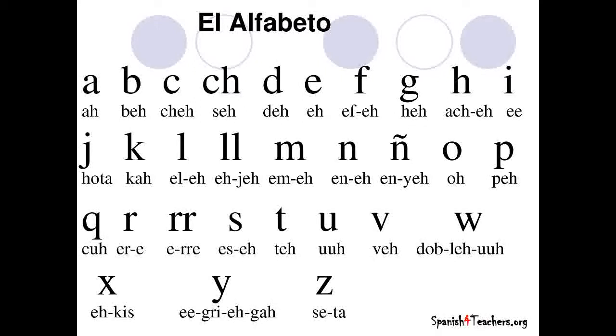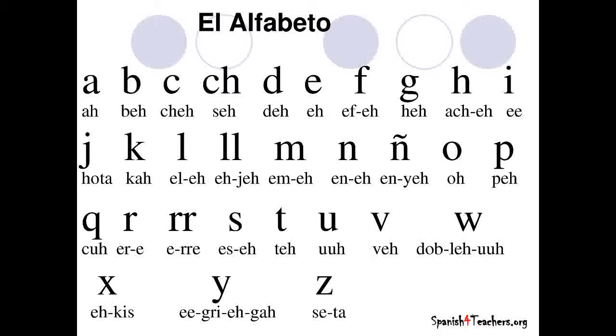Ojo, eye. The English letter P is called P. Plato. Plato, plate. The English letter Q is called Q. Queso. Queso, cheese.